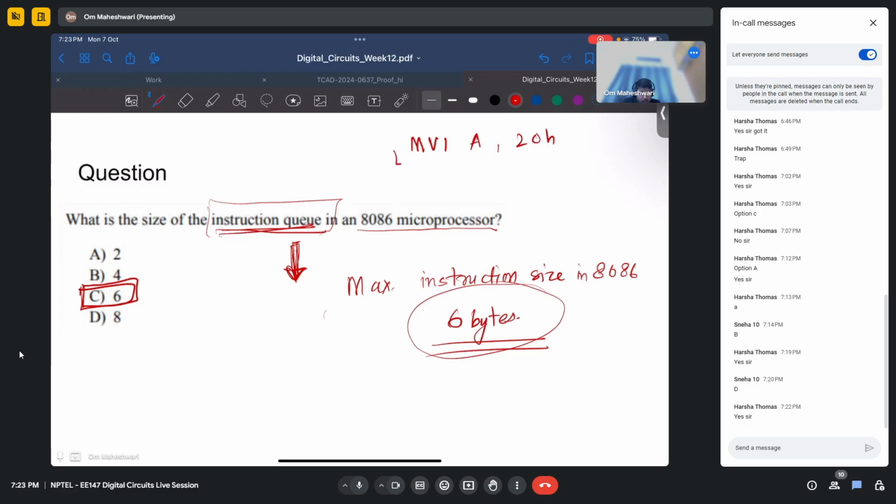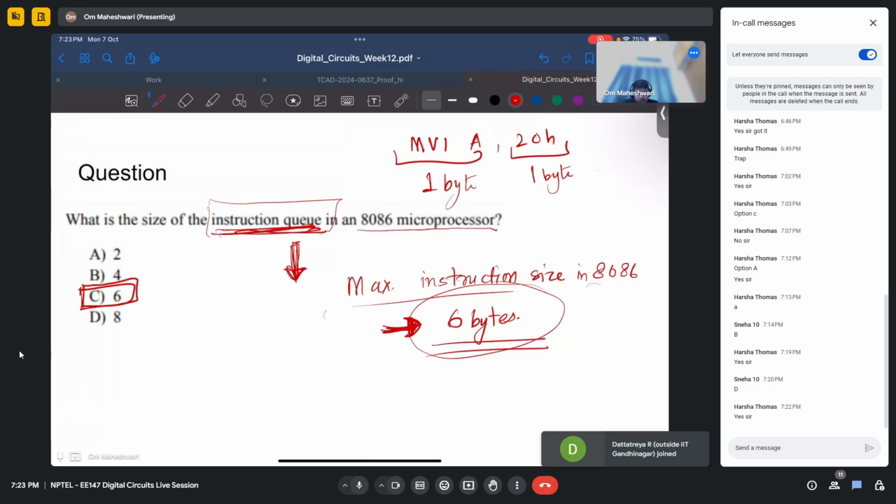So this part of the instruction is 1 byte, and here is 1 byte, so this is a 2 byte instruction. Similarly, the maximum instruction size in 8086 can be 6 bytes. So for storing these 6 bytes, you need a 6 byte instruction queue.